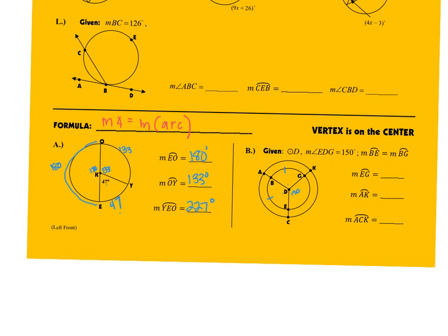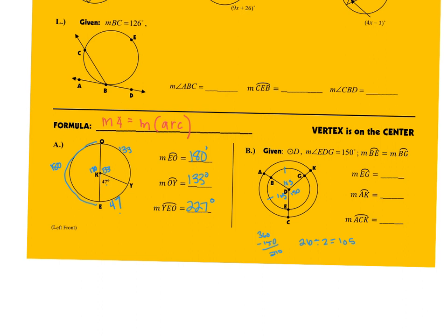So if the whole circle is 360, if I take that 360 and subtract out 150, that is going to leave me with 210. And if I take that 210 and divide it into 2, that is going to give me 105. And so that's going to make this 105 and this 105. So that's what we can get from the information that was given to us.